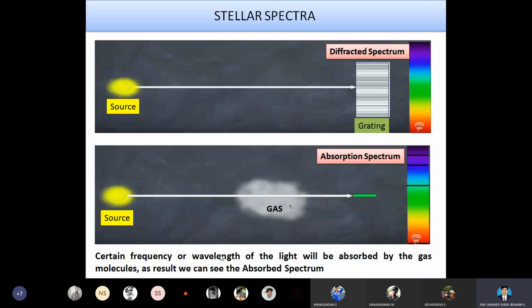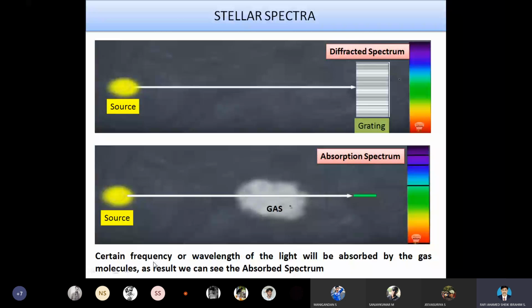According to Wien's spectral law, we can write that lambda is equal to 0.03 divided by T. So when the frequency is large, the wavelength will be small.